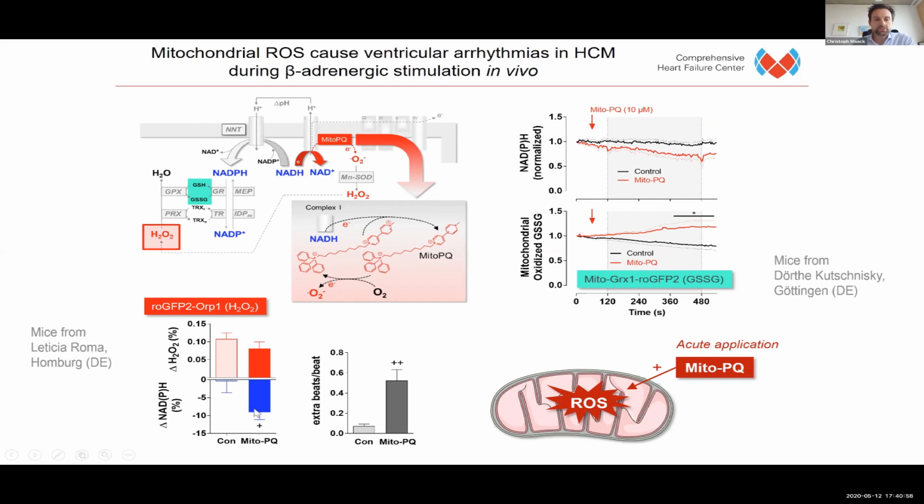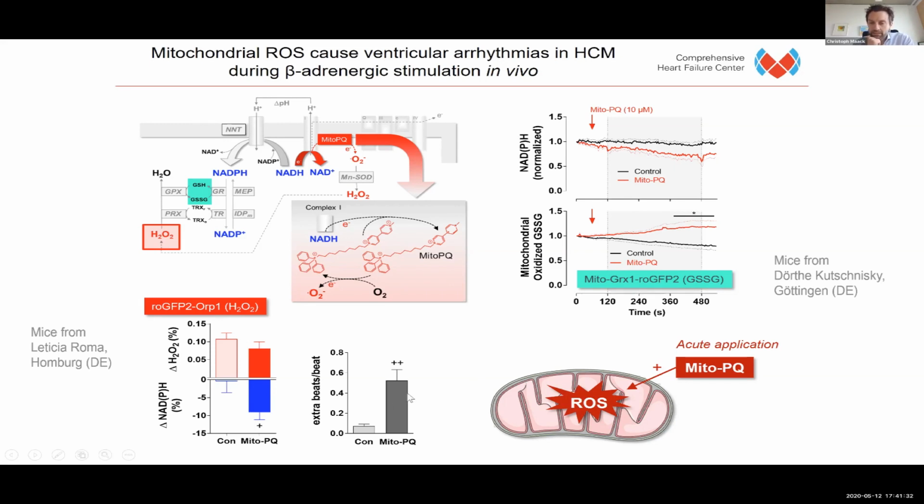And here we also saw that there was a slight oxidation of the NADPH redox pool, and this was associated with arrhythmias. But although we induced the arrhythmias, the actual increase in H2O2 could not be seen, which tells us that presumably an oxidation of the redox state of NADPH and/or glutathione may be sufficient to trigger, at least on the cellular level, the arrhythmias.